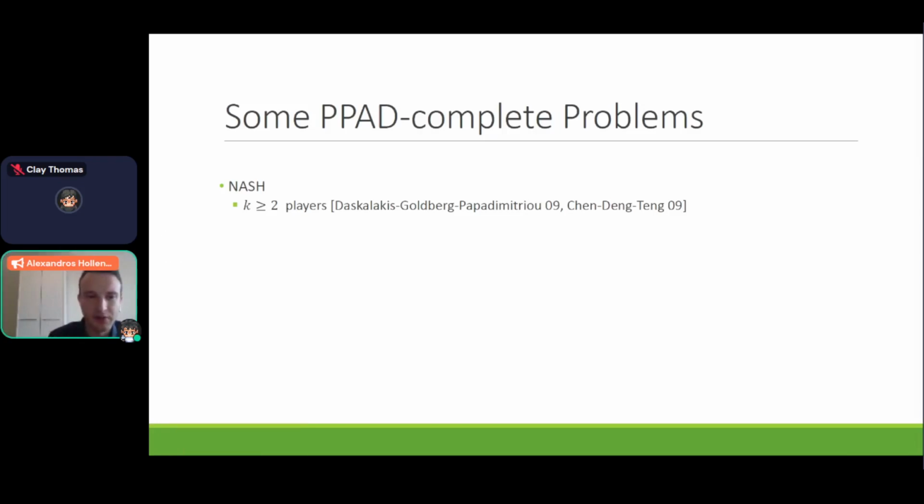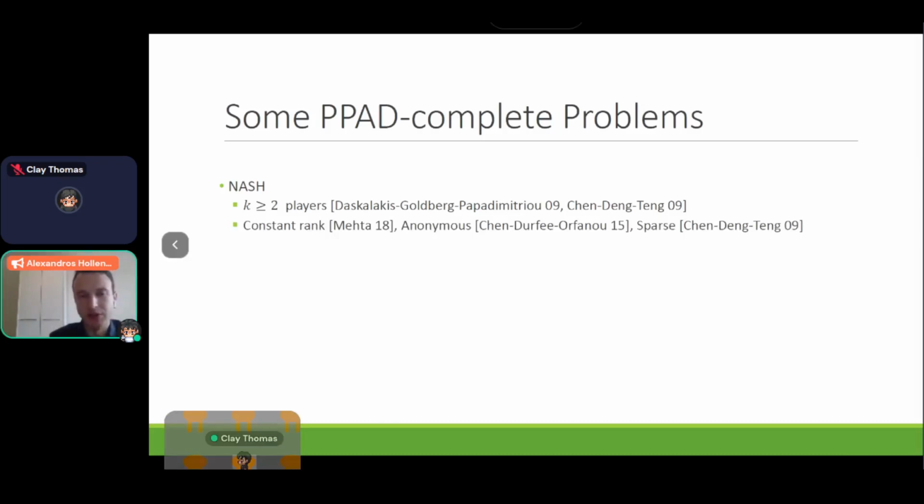And then there were various follow-up results showing that the hardness result continues to hold even for other types of games, more restricted. So for example, we know that the problem remains hard even if the games are constant rank, meaning that if you add the 2 matrices of the 2 players, you get something that has a constant rank in the linear algebra sense.